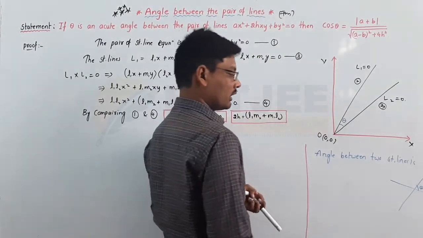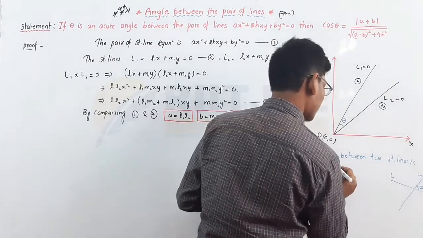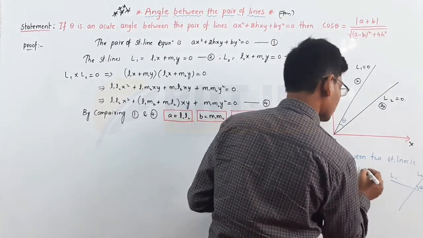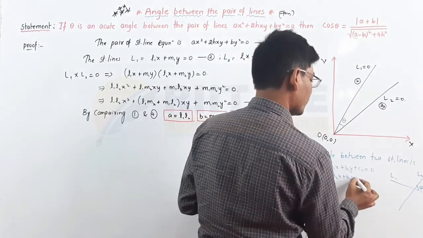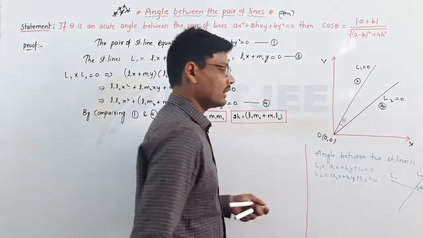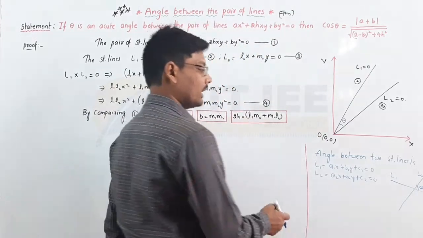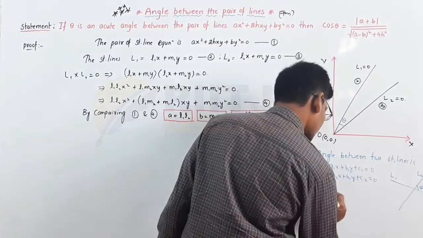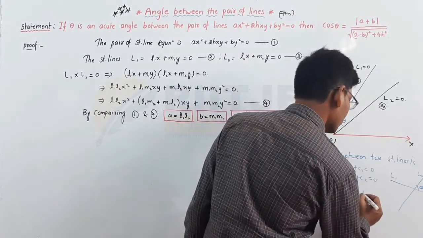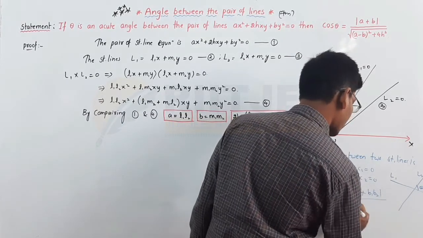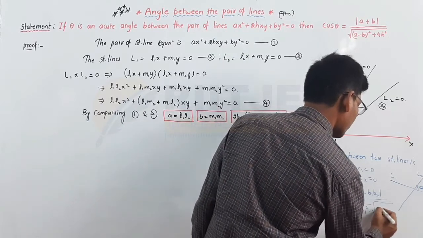For example, L1 is a1x plus b1y plus c1 equals 0 and L2 is a2x plus b2y plus c2 equals 0. To find the angle between these two lines, cos theta is equal to modulus of (a1 a2 plus b1 b2) divided by square root of (a1 square plus b1 square) into (a2 square plus b2 square).